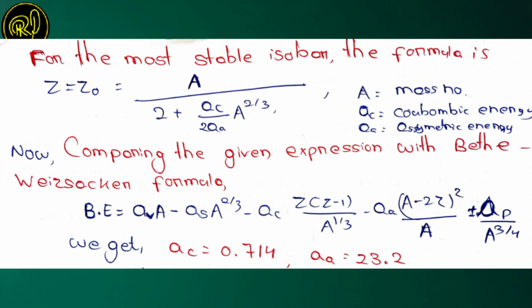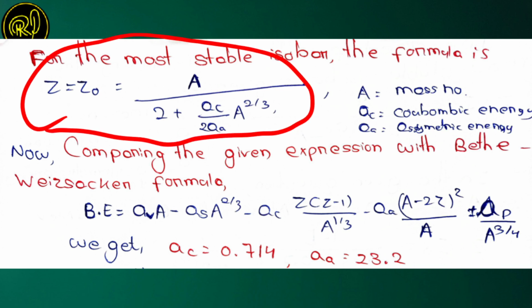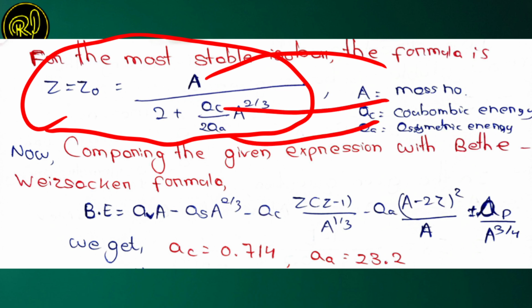So we write the formula: Z is equal to Z naught, which is A by 2 plus A_C by 2A_sym A^(2/3), where A is the mass number, A_C is the Coulombic energy term, and A_sym is the asymmetric energy term.